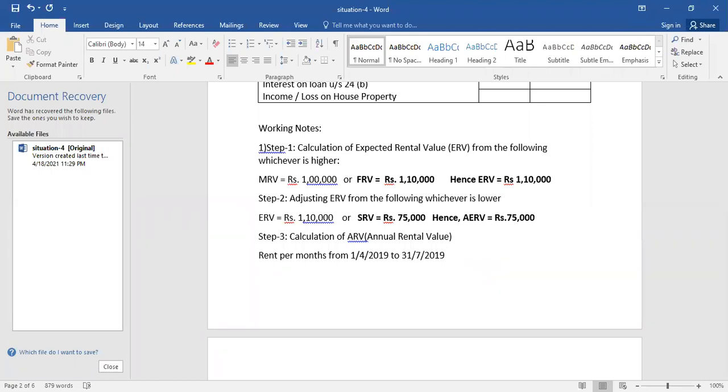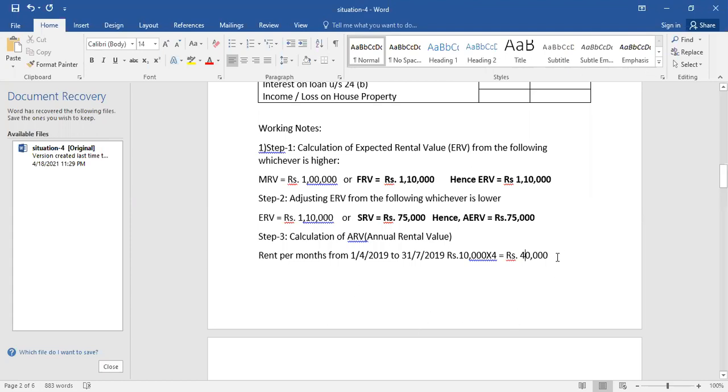April, May, June, July, 4 months. So rupees 10,000 into 4 months, that is equal to rupees 40,000.